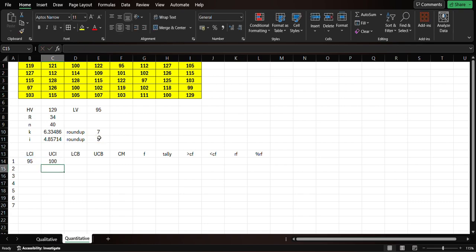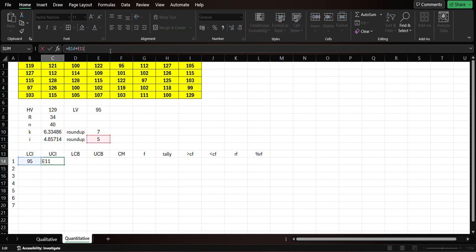Okay. So if I'm going to determine the UCI, for example, I'm going to add the LCI with I, because that's the class width. The answer would be 100, but that's wrong. Why? Because if we count starting from 95: 95, 96, 97, 98, 99, then this UCI should be 99.